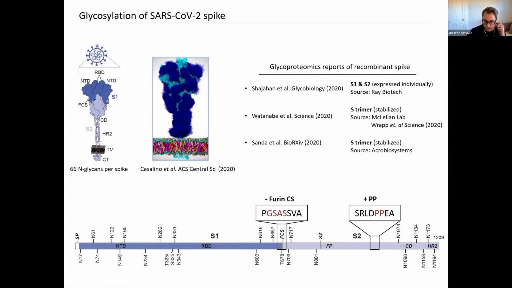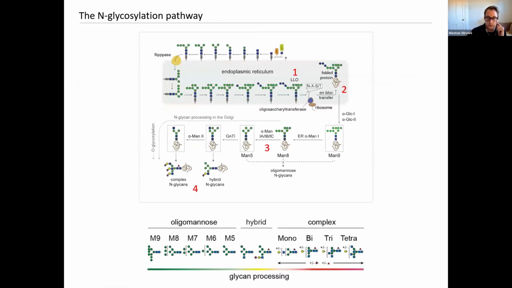And I think before I get into the meat of the results, it's appropriate for me to give a crash course in protein glycosylation so you can understand the data that I'm about to present a little bit better. So N-glycosylation occurs in four key steps in eukaryotes. This is a process that starts in the endoplasmic reticulum with the formation of a lipid-linked precursor that consists of 9 mannose residues, 3 glucose residues, here in blue, and 2 N-acetylglucosamine residues.